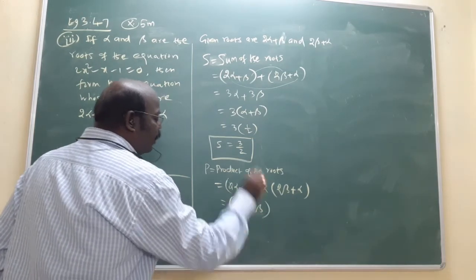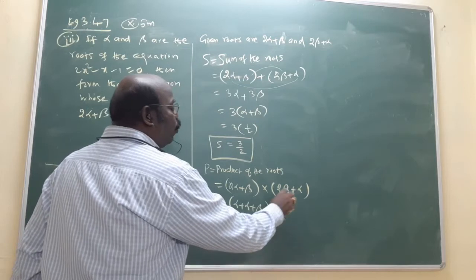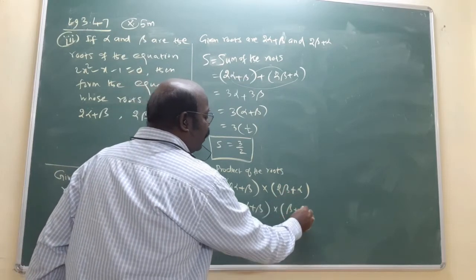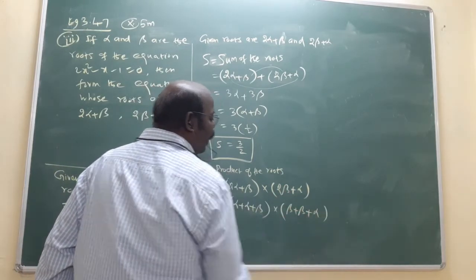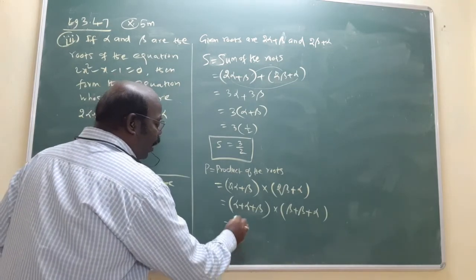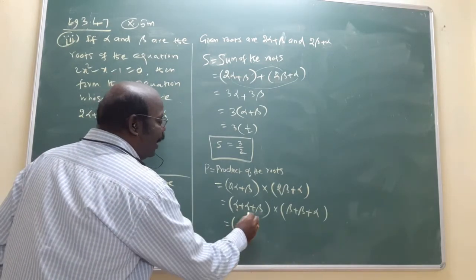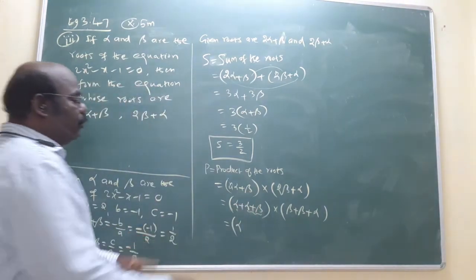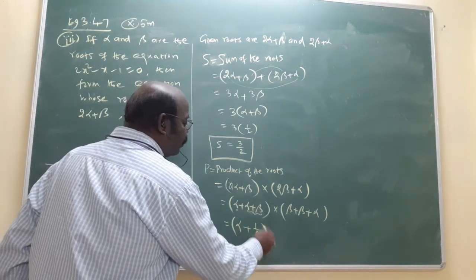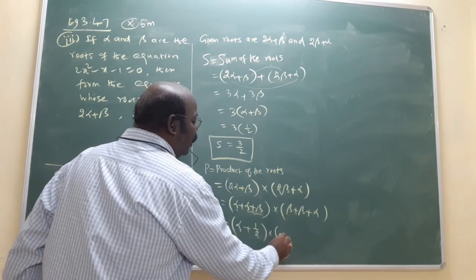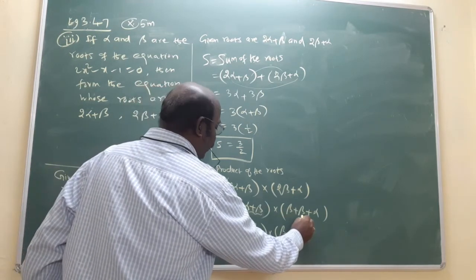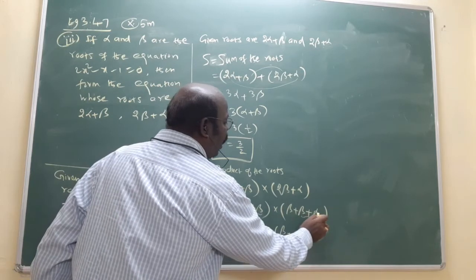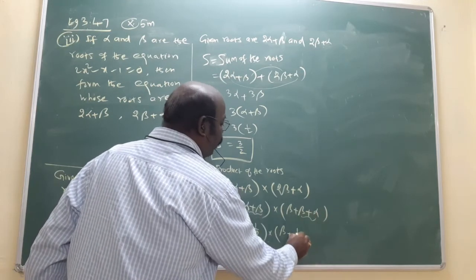Into 2 beta can be written as beta plus beta plus alpha. Now, this alpha is fixed here, and alpha plus beta, we already found the value, is 1 by 2. Here also this beta is fixed, and beta plus alpha together is 1 by 2.